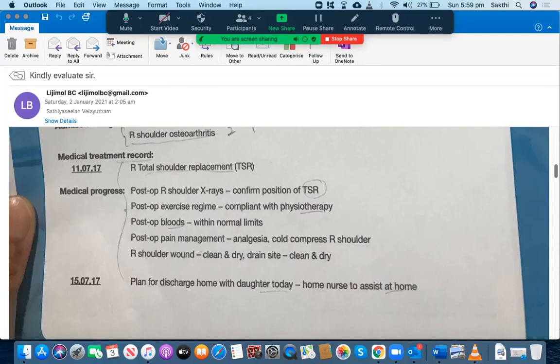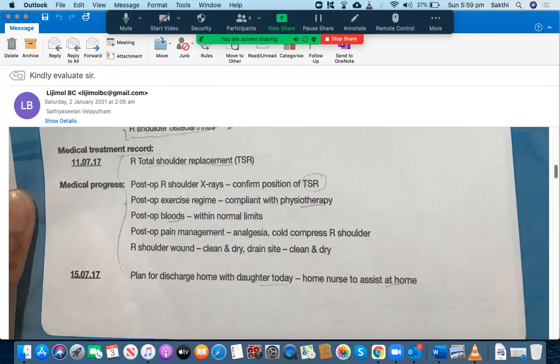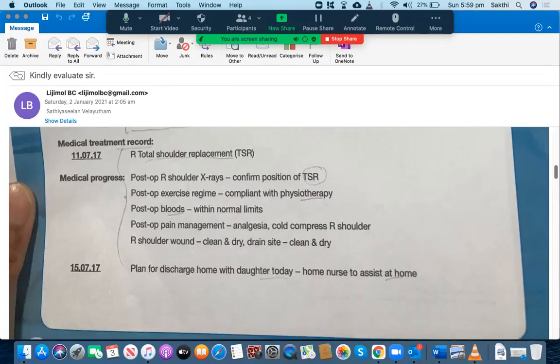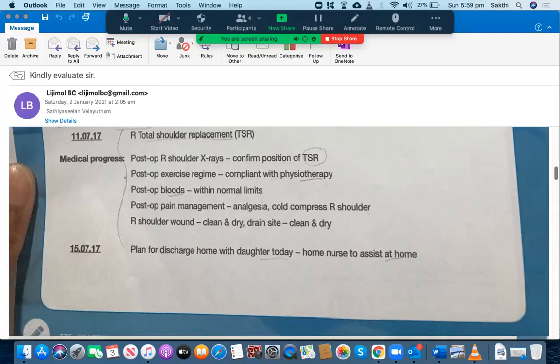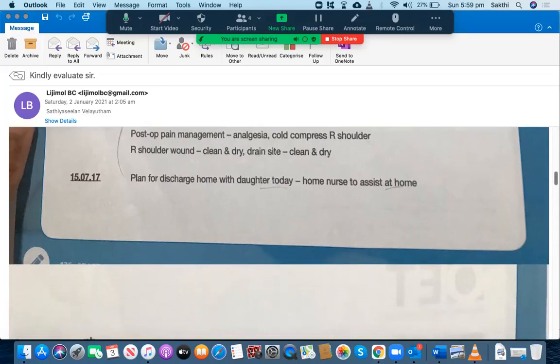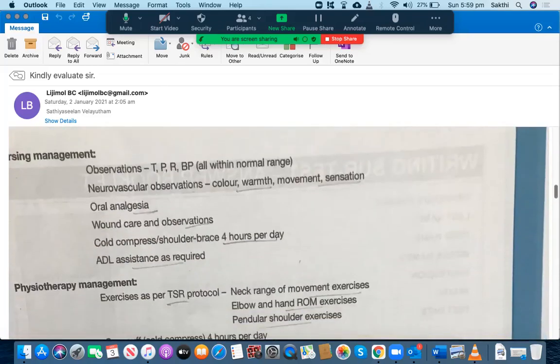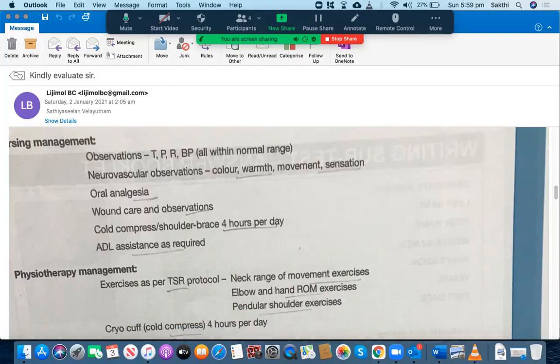Right, total shoulder replacement. Okay, post-operative shoulder X-rays, medical progress, confirm position of TSR, post-op exercise regime, compliant with the... everything is normal, right? We don't need to mention each of them, right? It's okay, good. Plan for discharge, home with the donors to assist at home, that's okay. Observations, they're all within normal range, that's good.